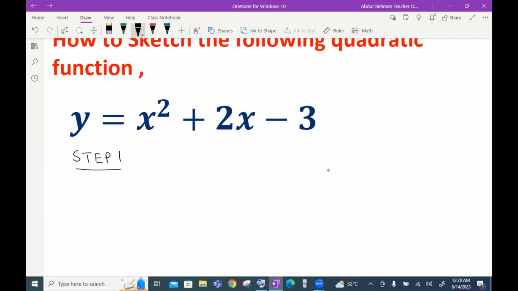But before finding the x-intercepts, we have to recognize which type of graph will be drawn. Observe that the coefficient of x squared is positive.